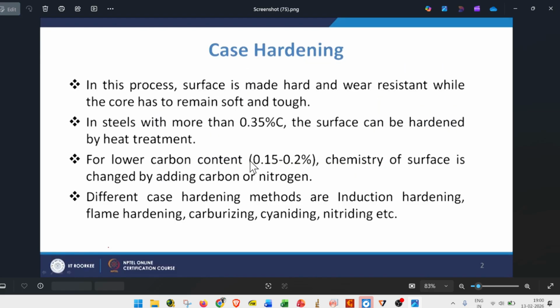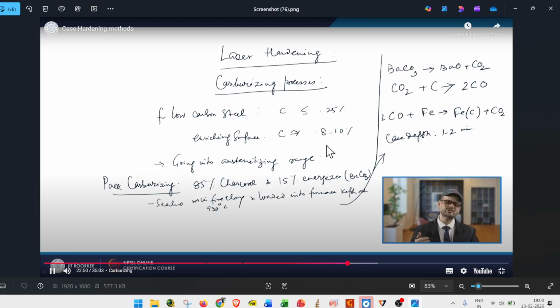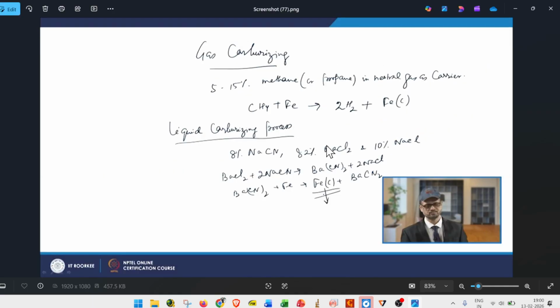Here you can see how in gas form, if we supply methane, propylene and other gases, those will react with the iron and produce the harder phase.